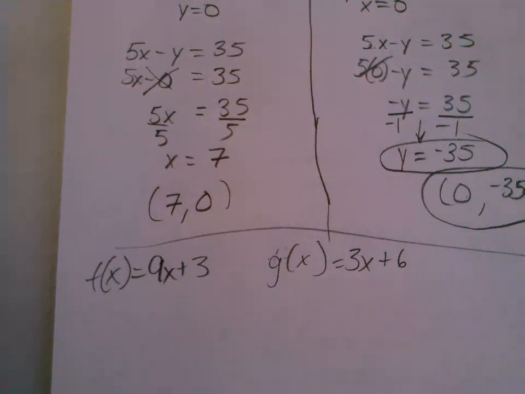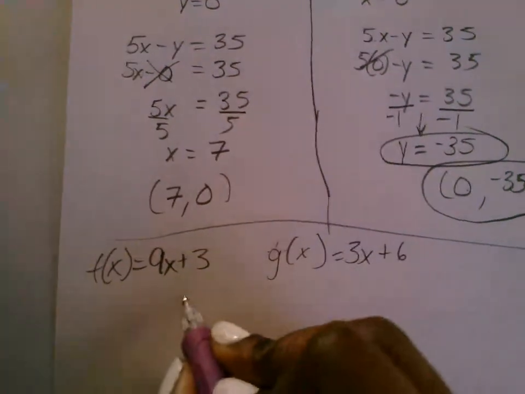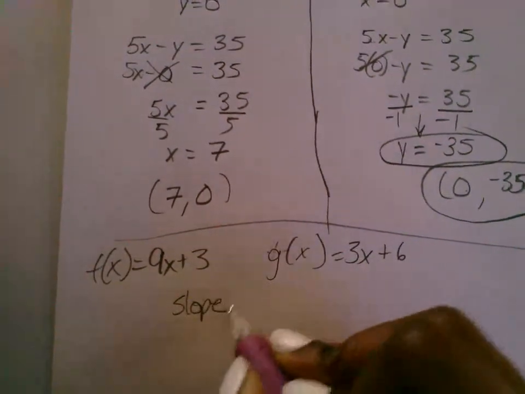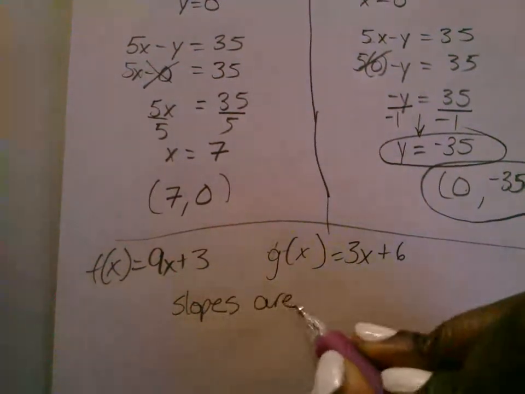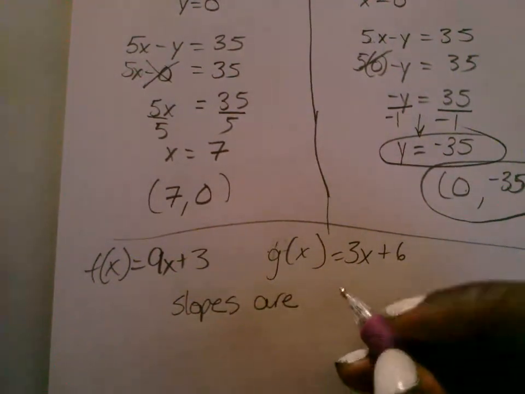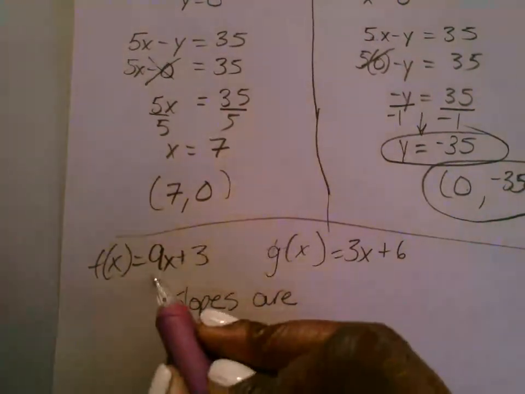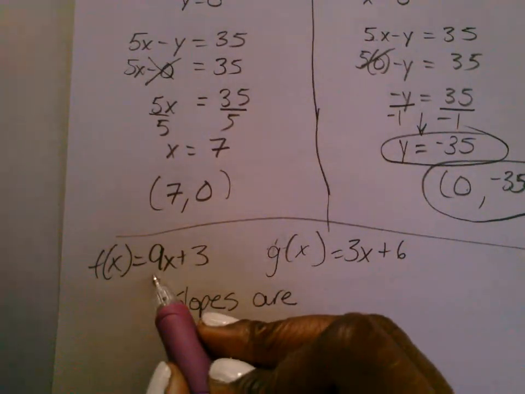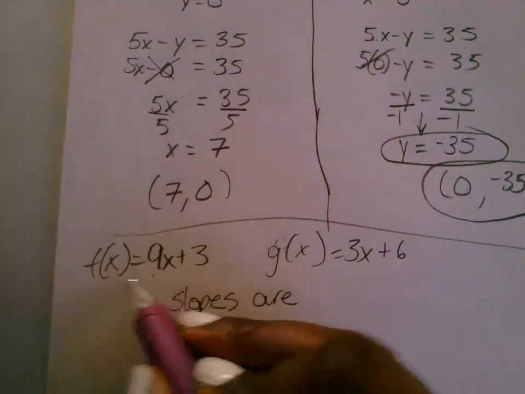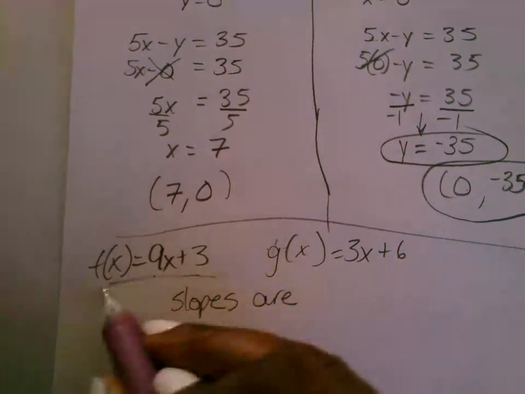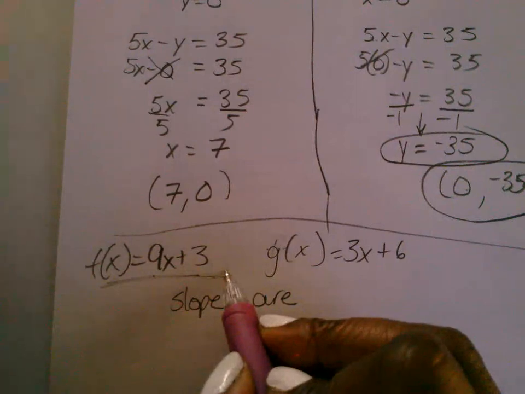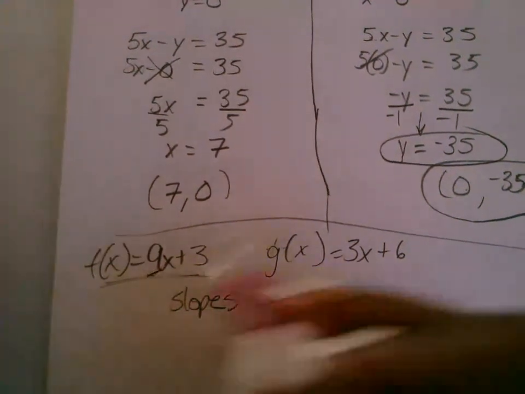What can you say about their slopes? They're both in slope intercept form. Okay, they are in slope intercept form, but what's the slope of y equals 9x plus 3? It's positive 9. What's the slope here?